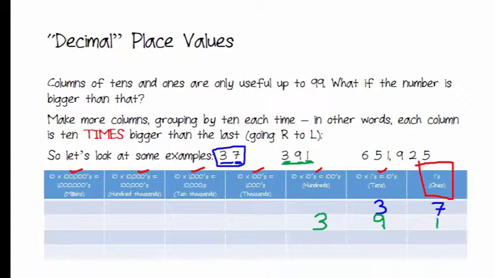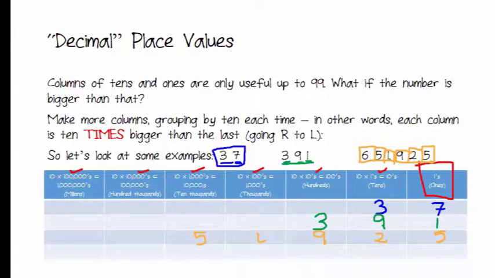And finally, this big number at the very end, start with the ones column first, and so a 5 goes over here in the ones column, the 2 goes into the tens, the 9 into the hundreds, the 1 into the thousands. The next digit is a 5, and that's going to go into the next column, which is the 10,000s.